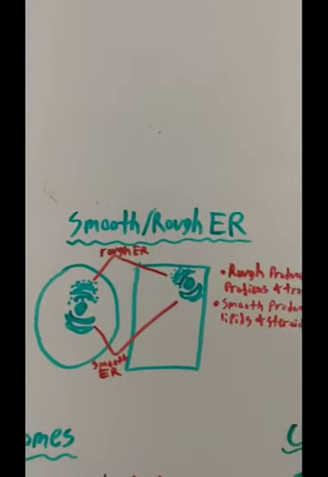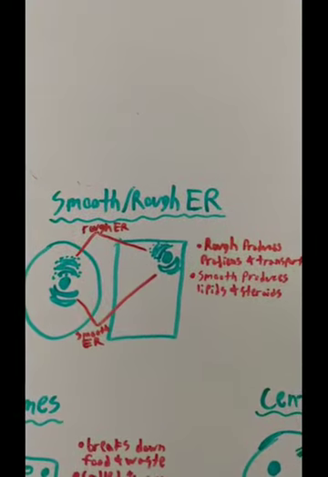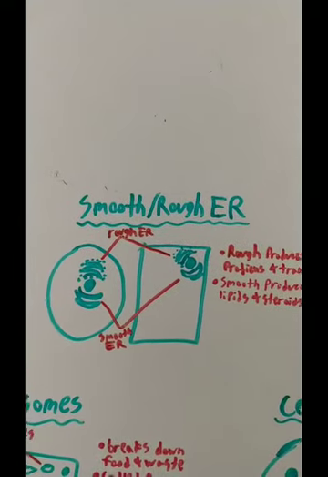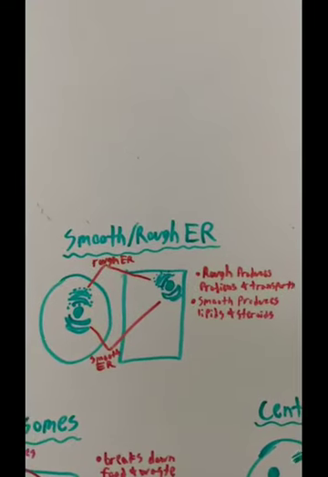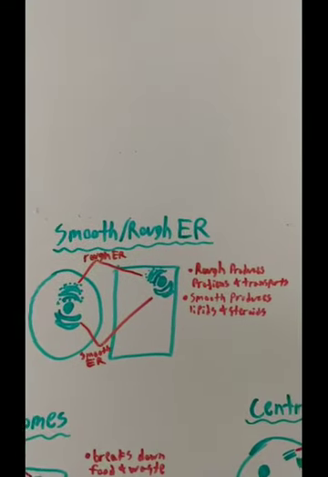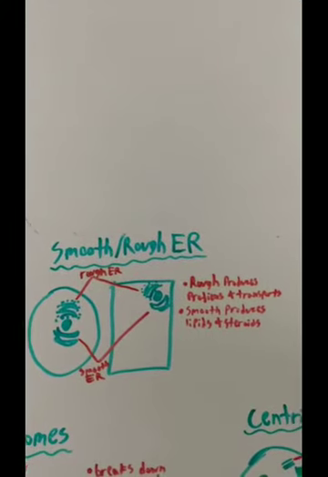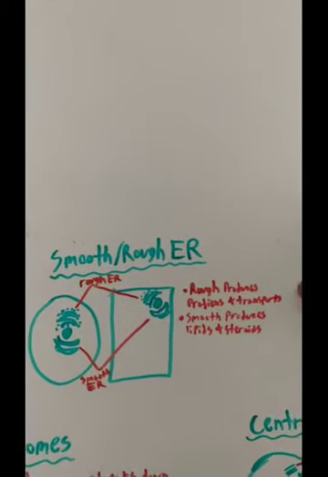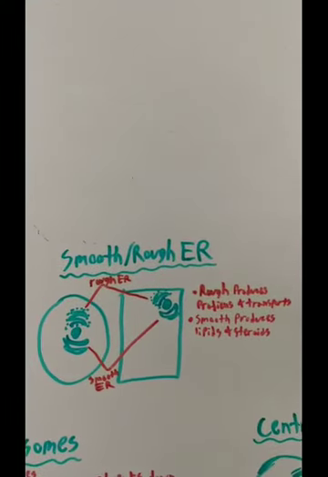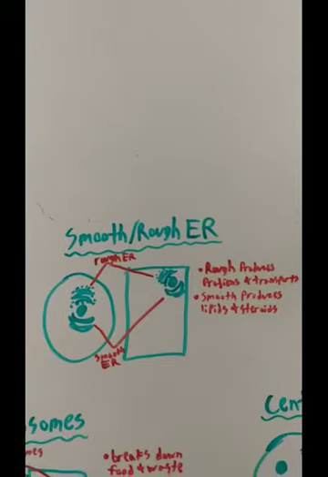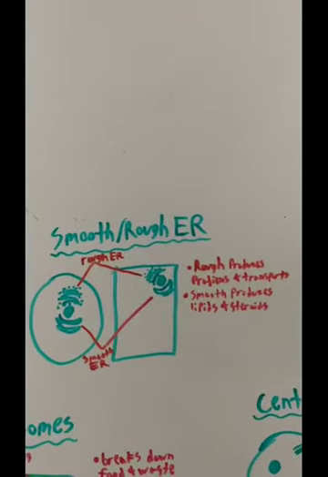Next is the smooth and rough ER, or endoplasmic reticulum. They're usually found around the nucleus, and they function similarly, but they do different things. They produce macromolecules. The proteins are produced by the ribosomes on the rough ER, because the ribosomes are attached to the endoplasmic reticulum, which is what gives it its rough name.